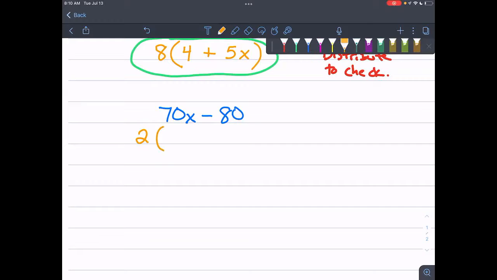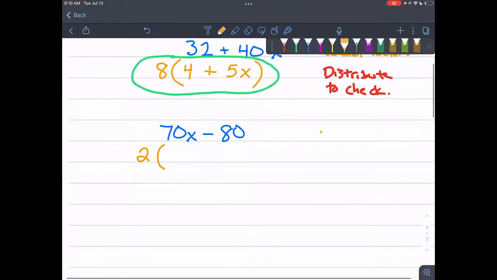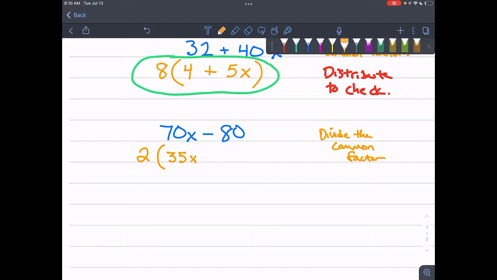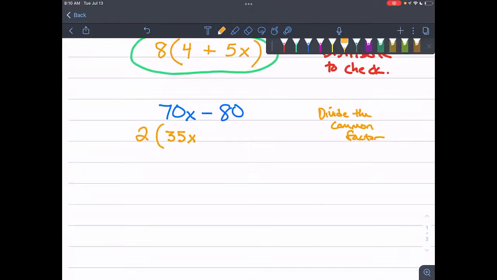70 divided by 2, and I should have written that on the last one, but divide by the common factor. So 70 divided by 2 would give us 35. We didn't take an x out, so we'd still have an x. By the way, this wouldn't be exactly the best way to proceed. I'm just showing what happens if you don't take out the largest one. 80 divided by 2 would give you 40.